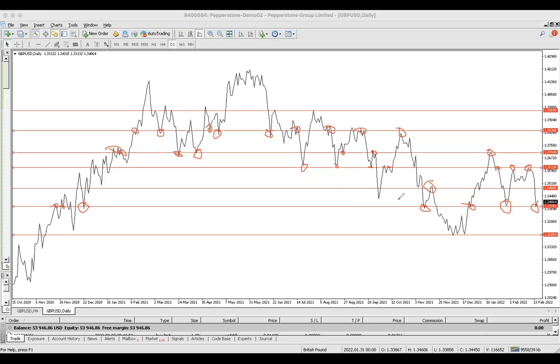So in short, let me clear this for you. Price will always move using zigzags, right? It touches the area, and it comes back like this, like this.